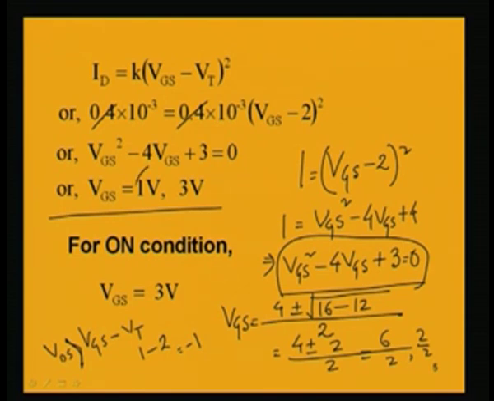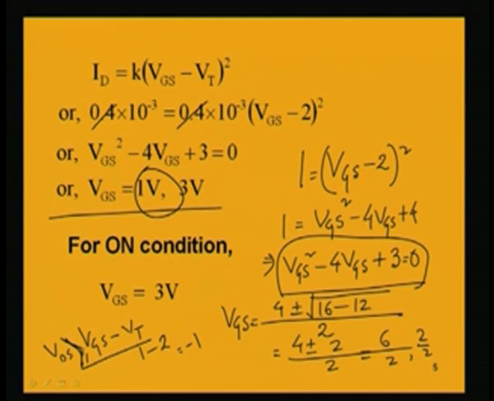So, this is ruled out. Now, if VGS is equal to 3 volt, this condition is met, that is VDS is greater than or equal to VGS minus VT. So, VGS equal to 3 volt is the condition which makes the circuit operate under saturation. So, we will be taking that value of VGS equal to 3 volt.